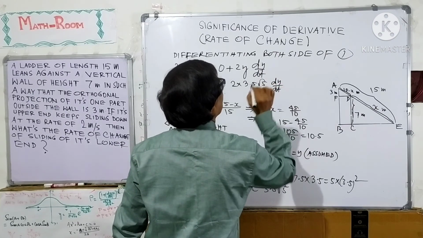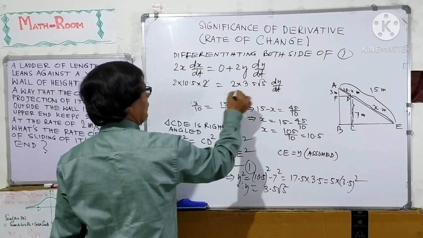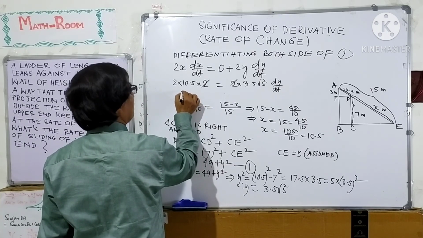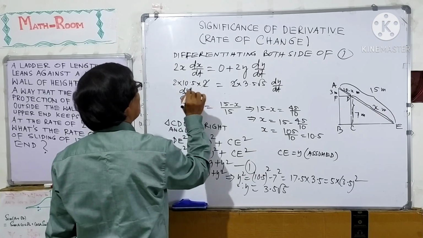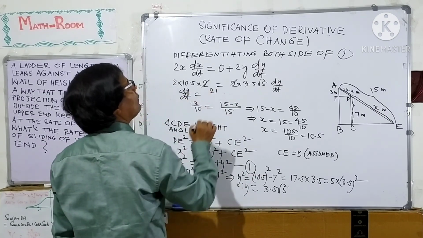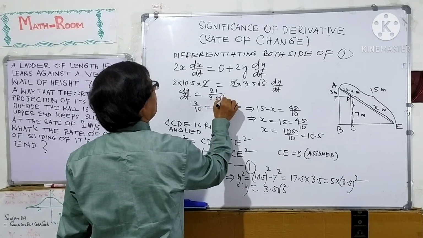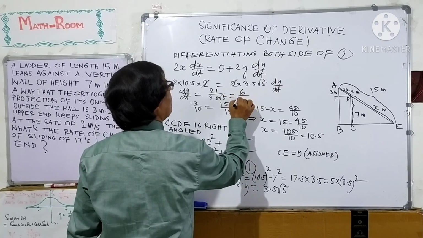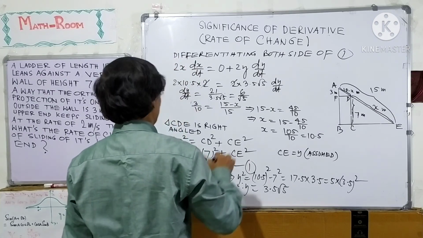We have to find the value of dy/dt. The 2 is cancelled out. So dy/dt equal to 21 over 3.5 into root 5, equal to 6 over root 5, and the unit is meter per second.